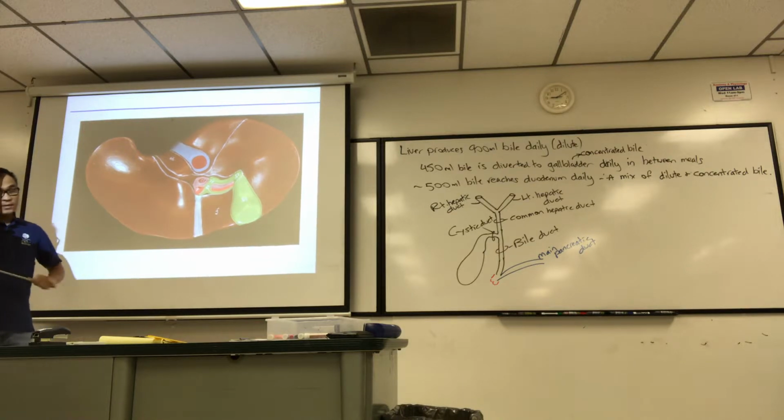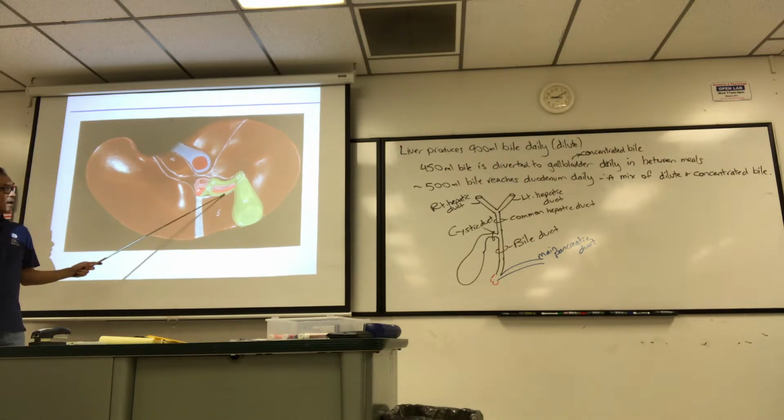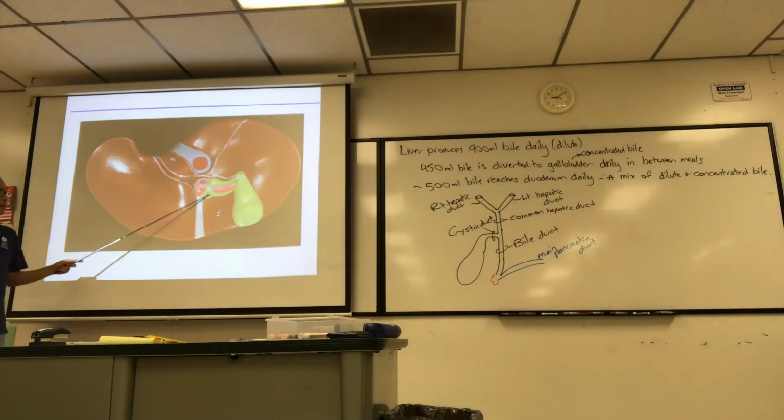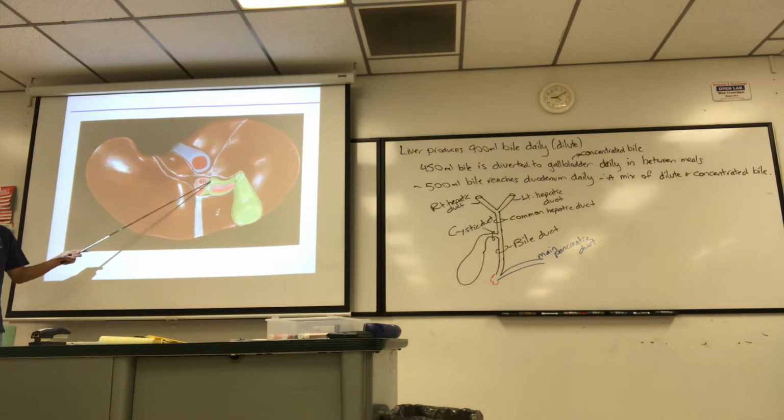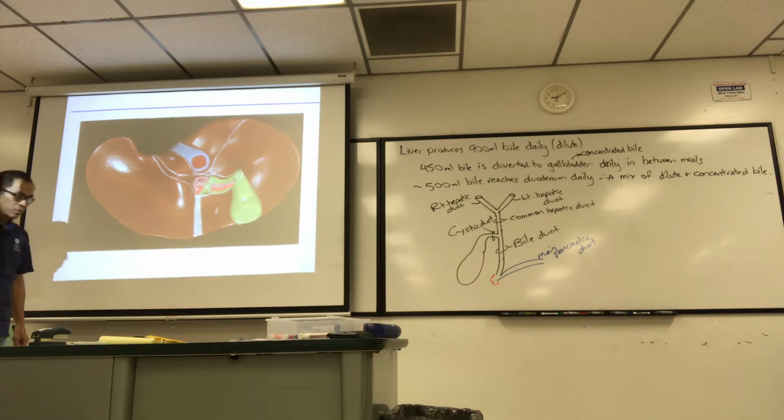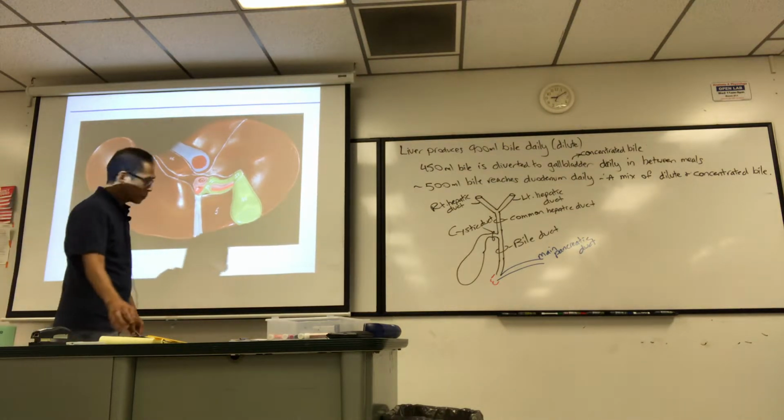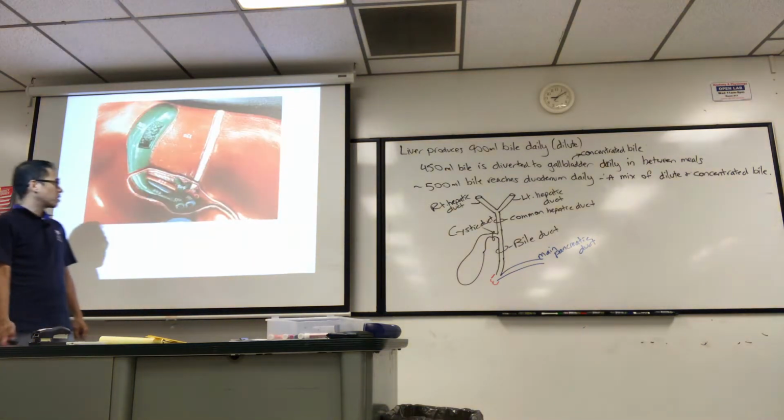Now, if this is the right side, what is that? Right hepatic duct, which makes that left hepatic duct, common hepatic duct, cystic duct, bile duct. They do show portal vein purple, and then proper hepatic artery red. Sometimes they show the portal vein purple, sometimes blue. I've never seen it colored red.